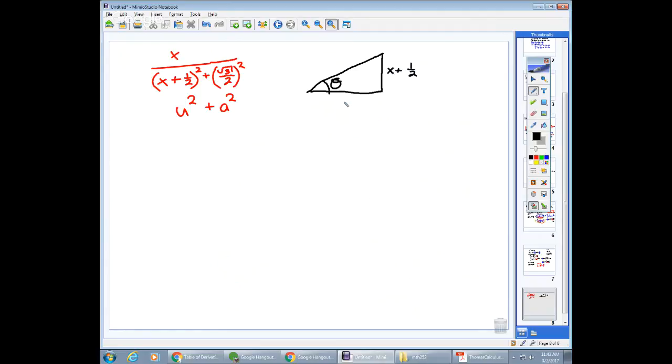And so my square root of 3 over 2 goes over here. And this side is the square root of x plus 1/2 squared plus square root of 3 over 2 squared. And then the tangent is opposite over adjacent, so then x plus 1/2 is equal to square root of 3 over 2 times the tangent of theta.